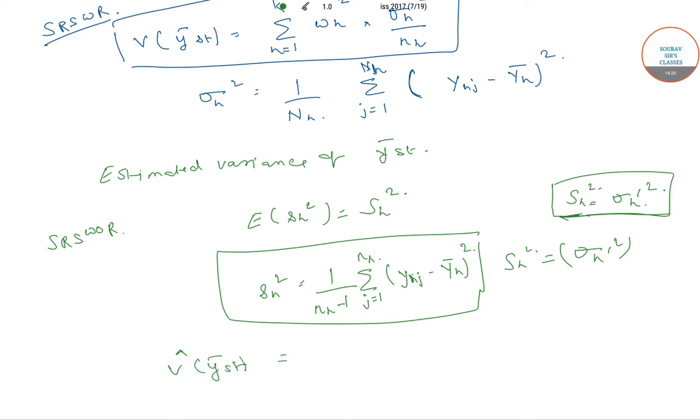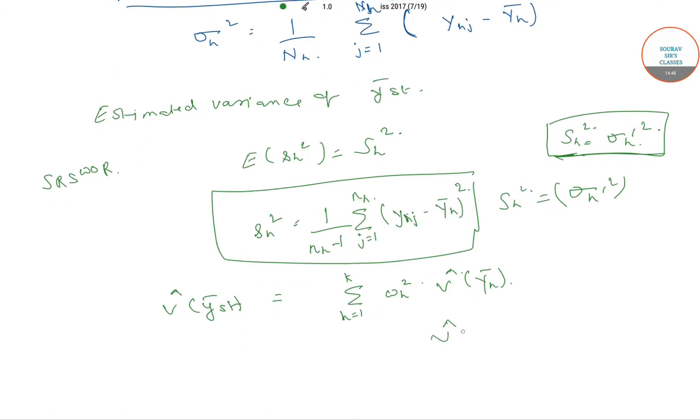This would be equal to the summation, h goes from 1 to k, of W_h² into v̂(ȳ_h), where v̂(ȳ_h), the estimated variance of ȳ_h, would be equal to (N_h − n_h) divided by (N_h n_h) into s_h².